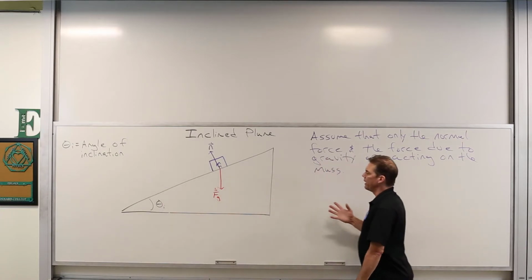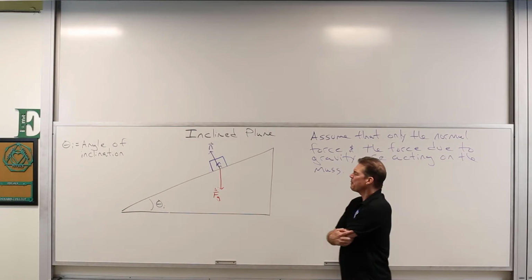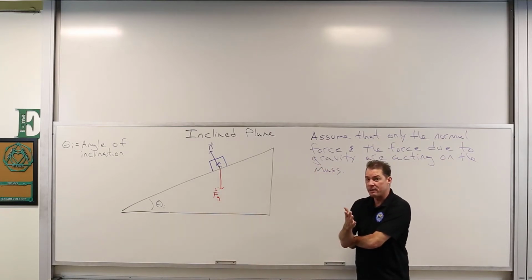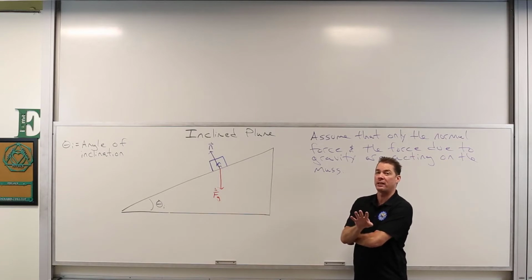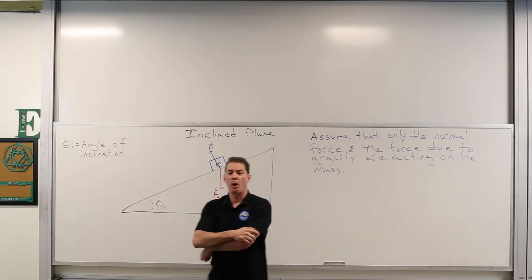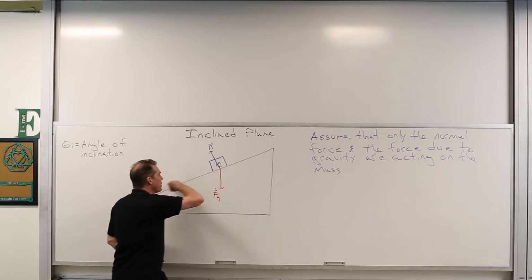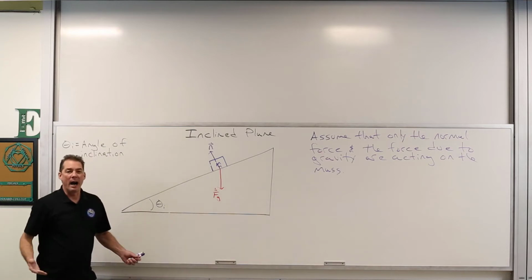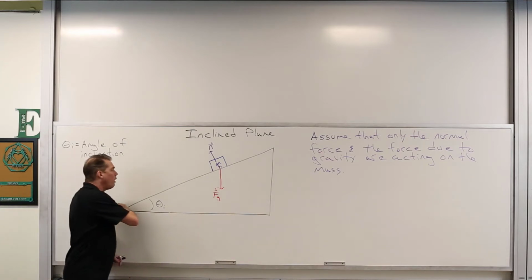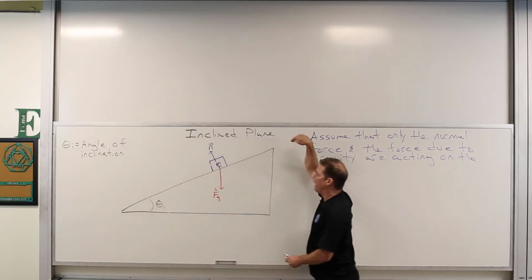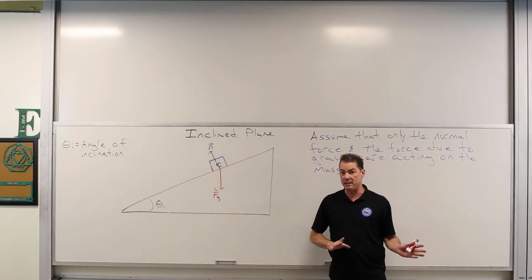So what we're going to do here is not think about things in terms of i hat and j hat components, because it turns out not to be super convenient. We'll get to that. But we're going to think about things in terms of components that are parallel to the incline and perpendicular to the incline. Why? Because all of the motion is going to be constrained to be parallel to the incline, which really one-dimensionalizes things.